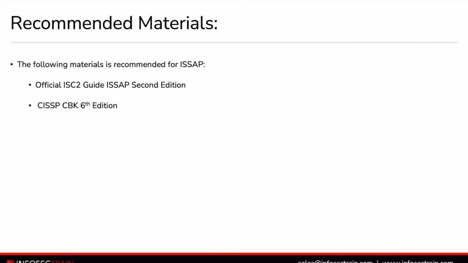There is a reason why I am saying this: some of the questions are still testable from the CISSP syllabus. So you may get questions on communication and network security, identity and access management, asset security, or security and risk management. You may get some questions from the CISSP syllabus even in your ISSAP.